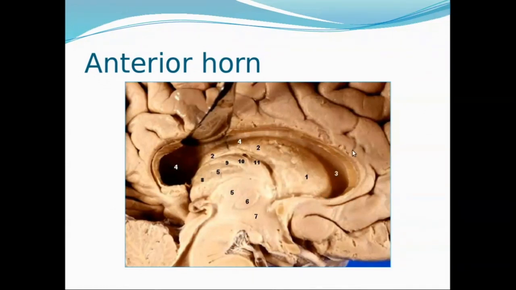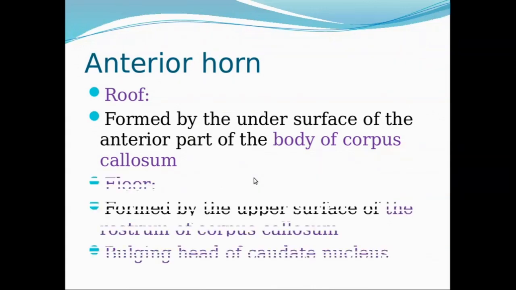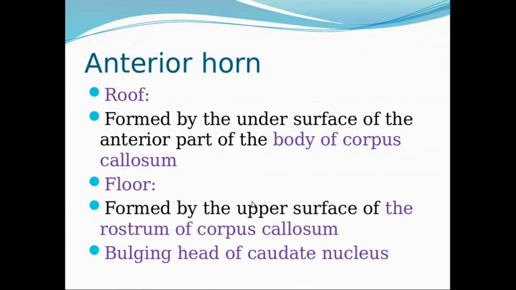Medial wall will again be by the septum pellucidum. Roof is formed by the undersurface of the anterior part of the body of the corpus callosum. Floor is formed by the upper surface of the rostrum of the corpus callosum and the bulging head of the caudate nucleus.